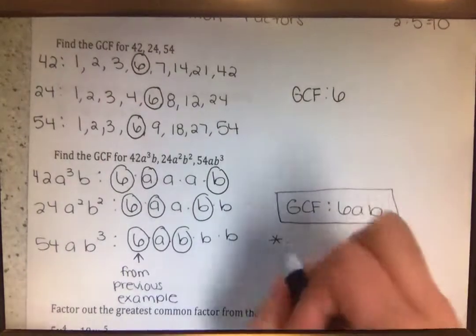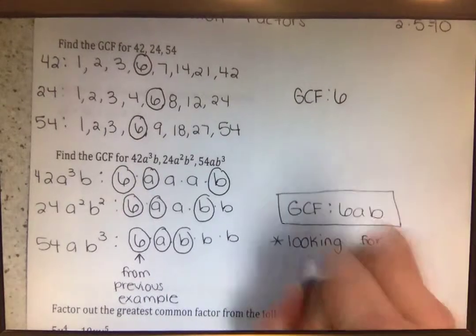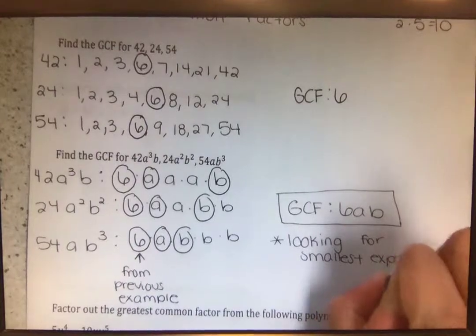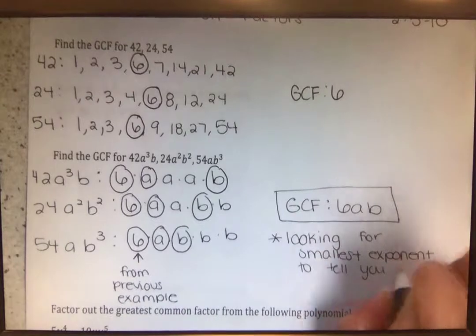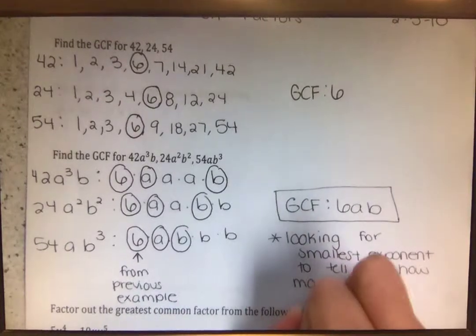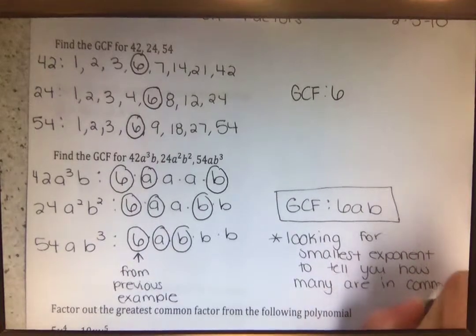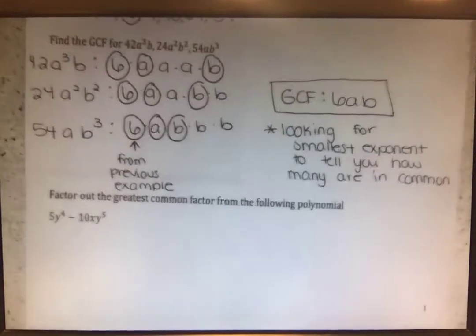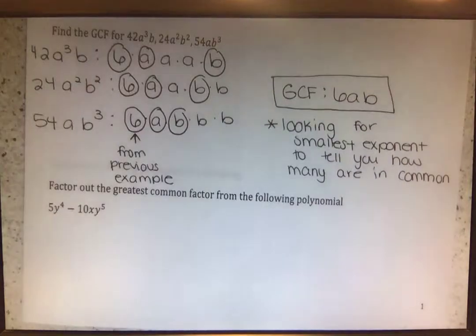So when looking for the GCF, you are looking for the smallest exponent to tell you how many they have in common. So there's only one A here and there's only one B here, so they can't have more than one A or more than one B in common.